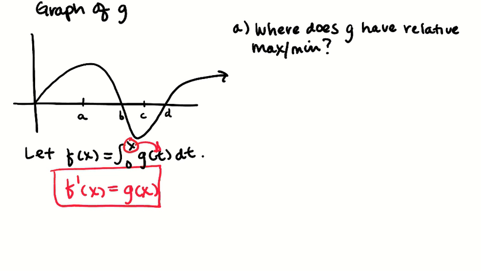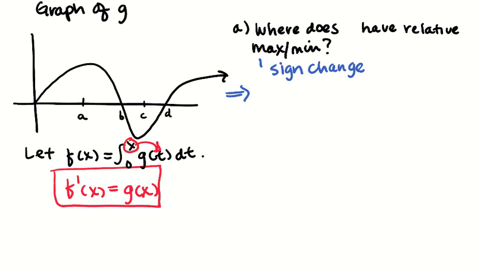We're going to say f has a relative maximum or minimum wherever f prime has a sign change. And that's why I switched it: you don't want to get too stuck with f being the integral of g or g being the integral of f.